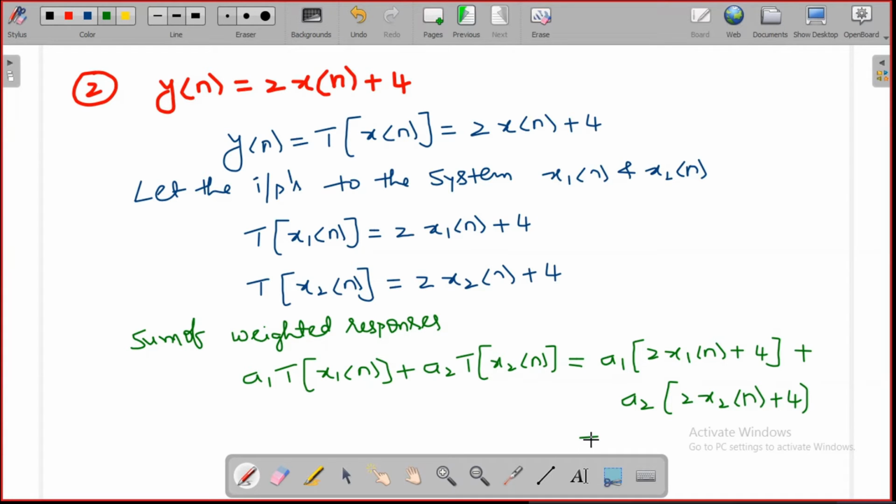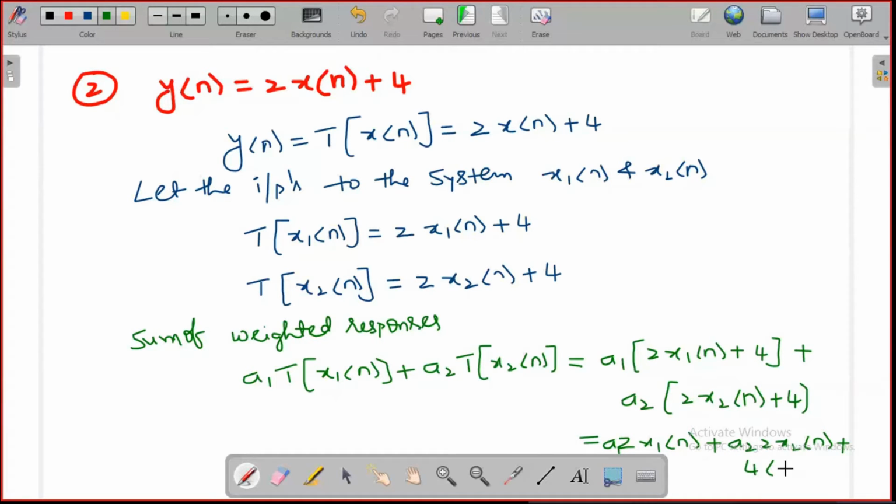Okay, I am writing this by multiplying a1 and a2 and rewriting. That is 2 into x1 of n a1, plus a2 2 into x2 of n, plus, in the first term you will get 4a1, the second term you will get 4a2.